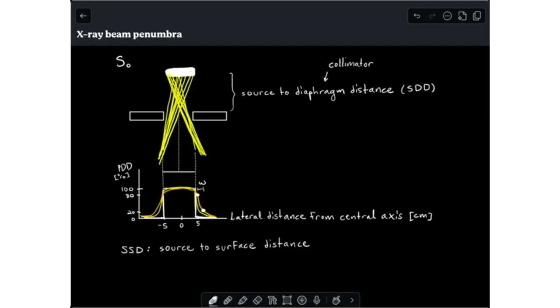So to recap, we've seen that the width is proportional geometrically to the source size, and it's also proportional directly to the SSD, or source to surface distance. But it's actually inversely proportional to the SDD. So the farther along the beam line you place the collimator diaphragm, the thinner will be the geometric penumbra.